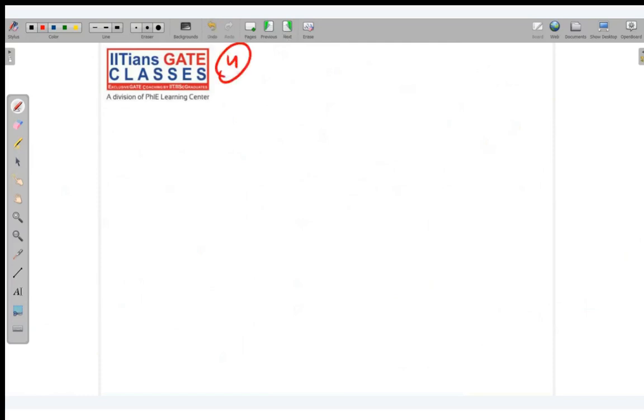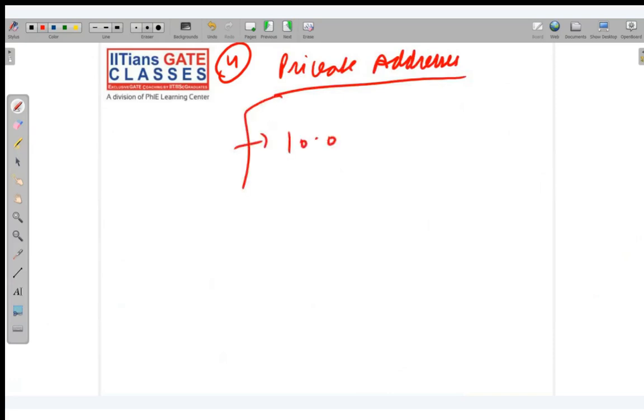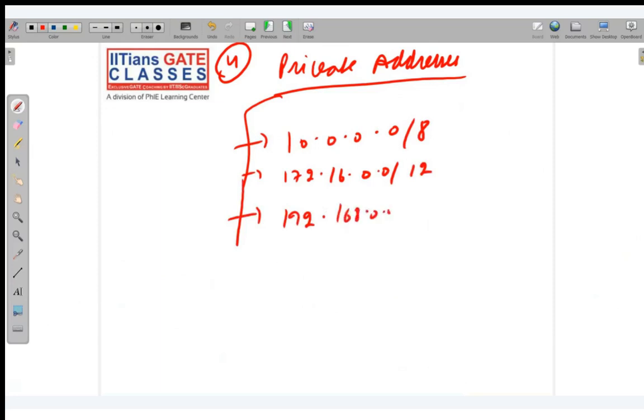So fourth is some private addresses. What are these? First is 10.0.0.0/8. Next is 172.16.0.0/12, 192.168.0.0/16, and 169.254.0.0/16.